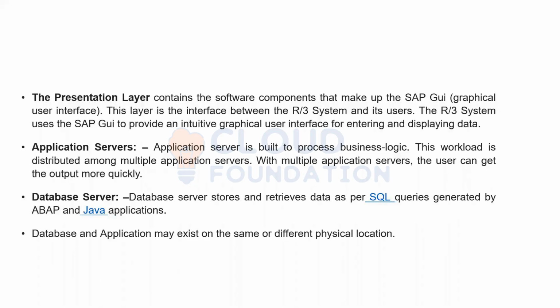And coming to the presentation layer, it contains SAP GUI, which we have discussed before, the graphical user interface. This layer is the primary, the outer core, which users can use for communication, whatever they want to communicate, whatever information they want to give.